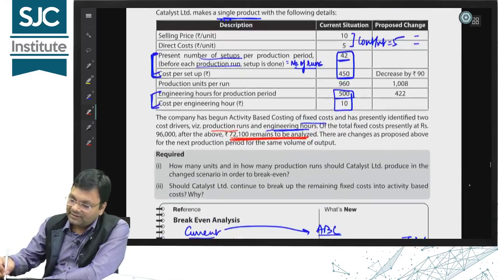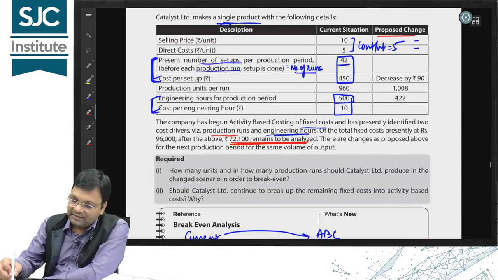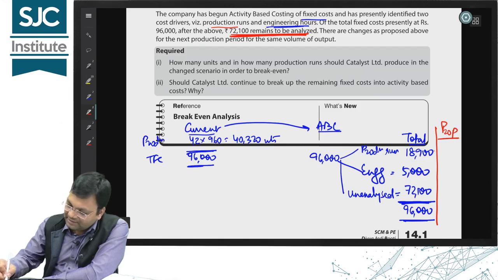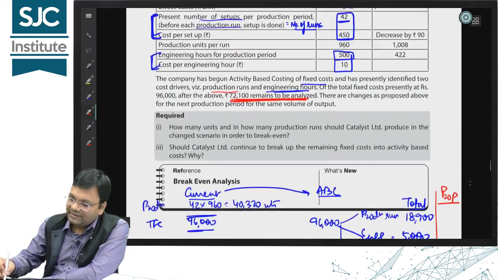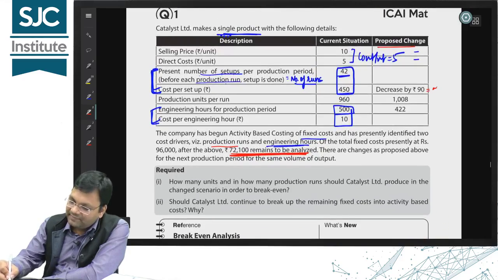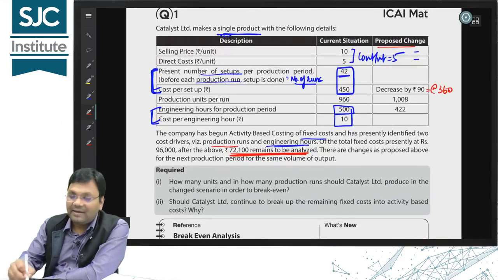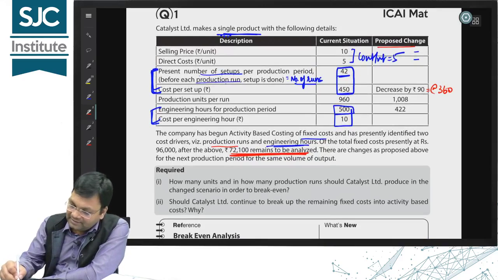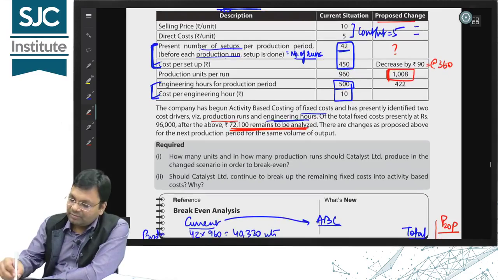So what has the question given us in the proposed change? Cost per setup is decreasing by 90 rupees. So in the proposed change column, the cost becomes 450 minus 90, which is 360. How many runs there will be is not mentioned, but units per run is given as 1008.